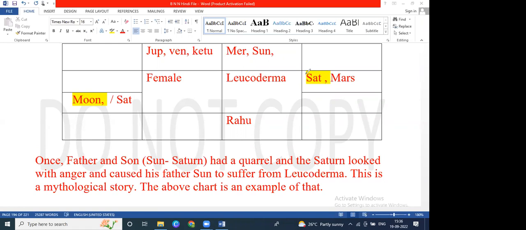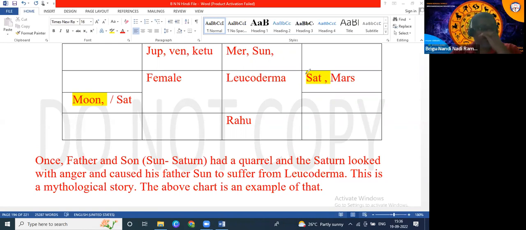Then we have to take only Mercury: is Mercury with enemies or not? Based on this story, there is a possibility of getting this leukoderma. But at the same time, suppose Mercury is with enemies also, the native may get it. So based on this story, the possibility is there also.